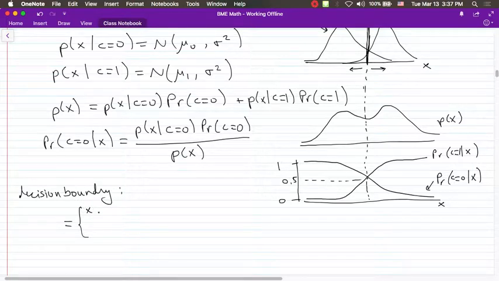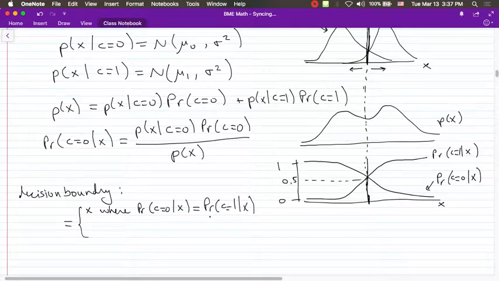Some x where the probability of c equal to 0 given x is equal to the probability of c equal to 1 given x. This x happens to be the location where the posterior probabilities are equal, and that's called the decision boundary.